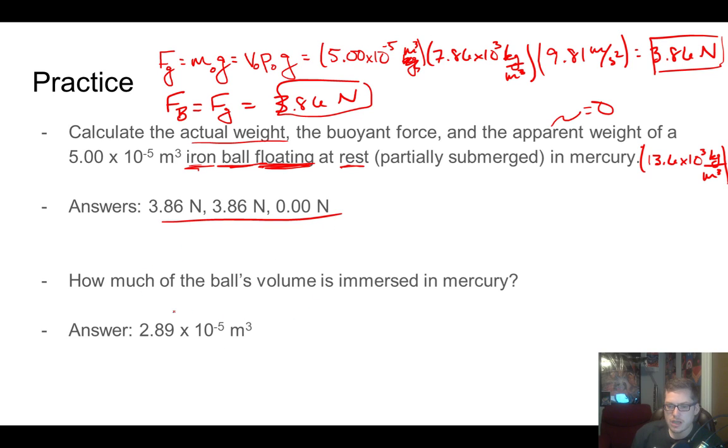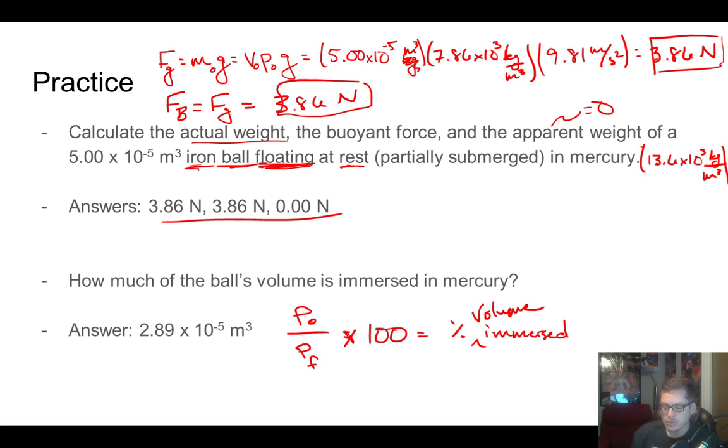And this says how much of the ball's volume is immersed in mercury. Now you could do this a really long way, but I'm going to teach you a little trick. The ratio of the densities of the object to the fluid, times 100, is equal to the percent of the volume immersed.